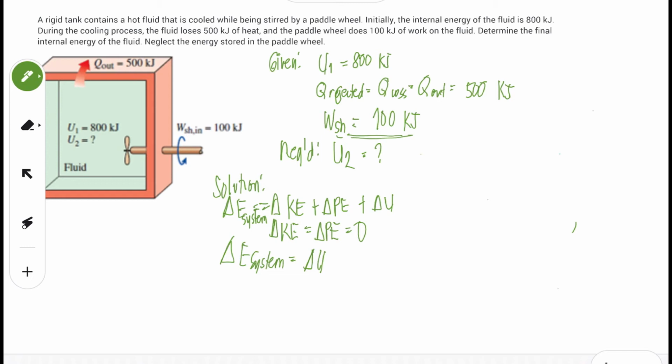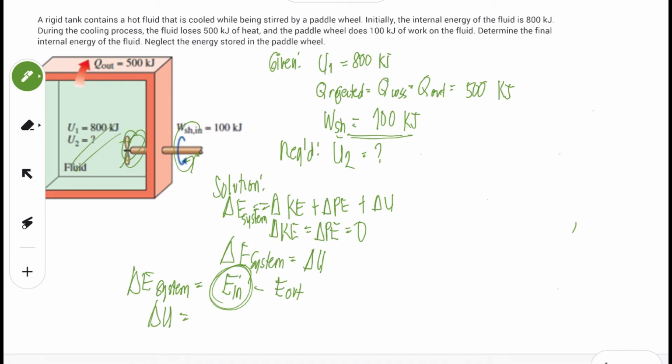But take note that the change in energy of the system is also equal to the entering energy minus the leaving energy. So we have here the change in U. What is the entering energy? The input is the shaft work on the fluid.